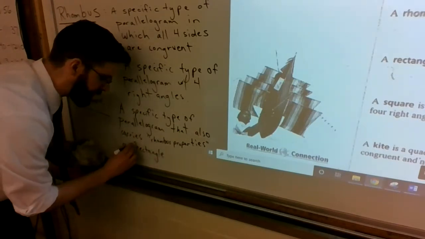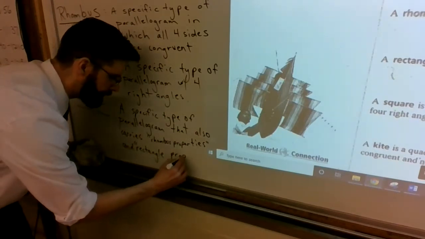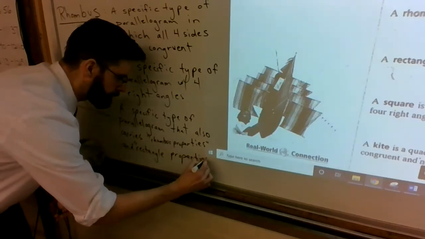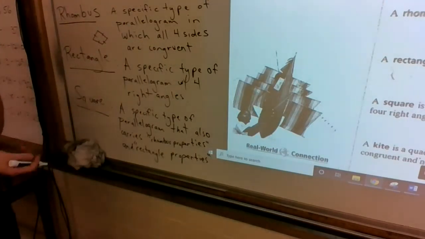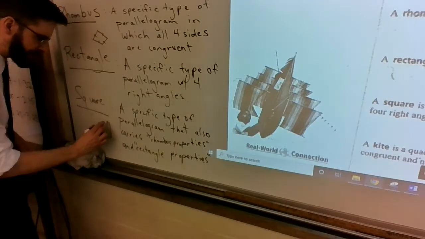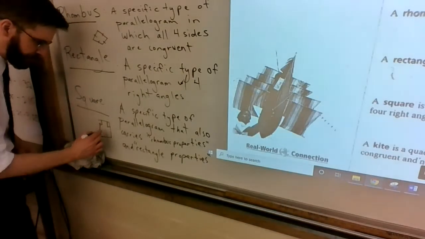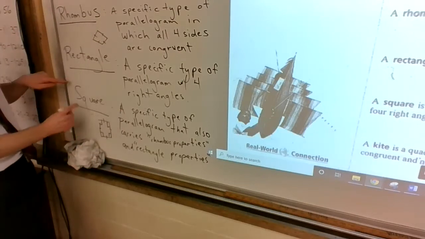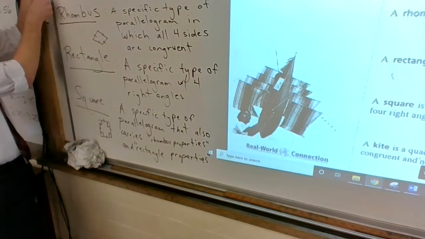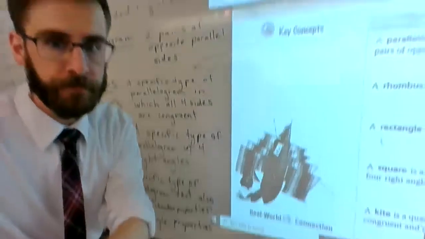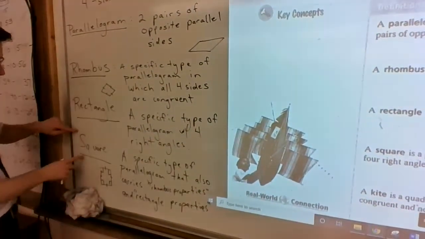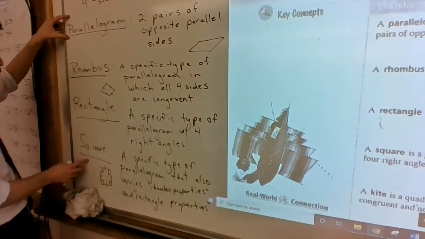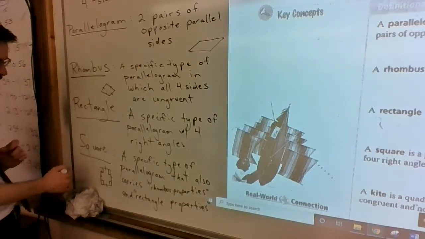All the angles are 90 degrees. So a square has, sorry, that's a really terrible looking square. Four 90-degree angles, four equal sides. So a square is not only a parallelogram, but a square is a rhombus and a rectangle.